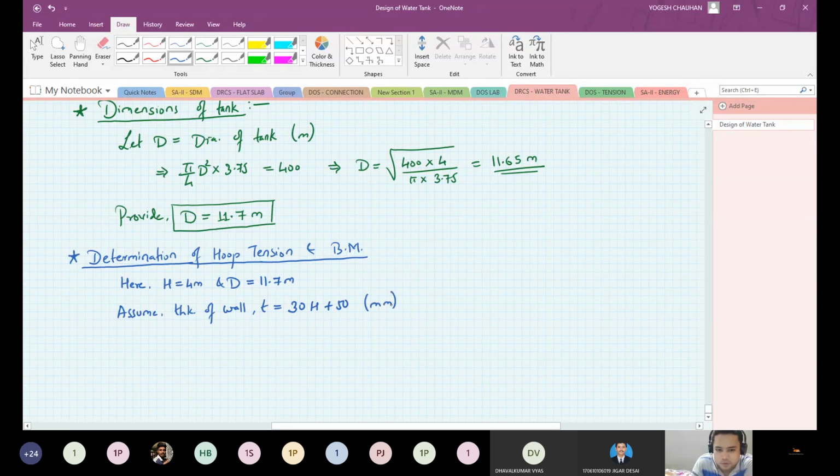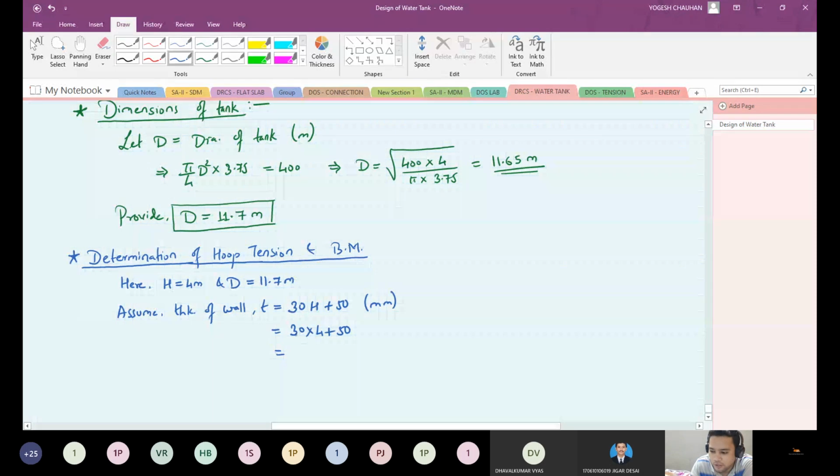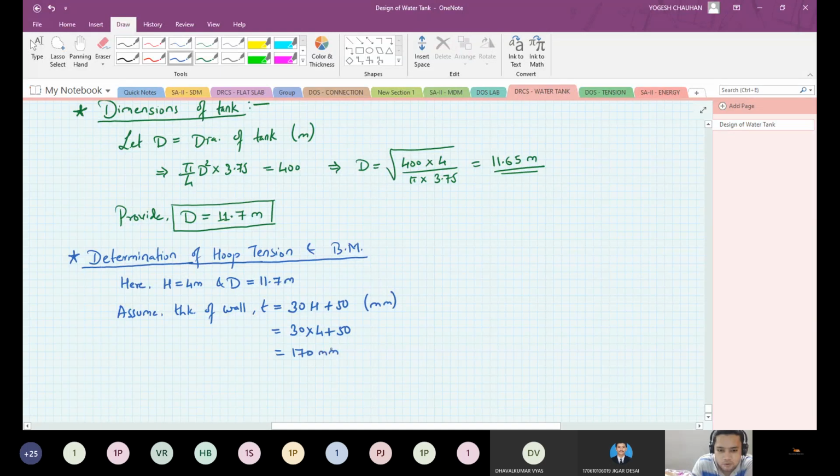Okay, so it is 30 into h, which is 4 meter, plus 50, so this will be 170 mm. So t is equal to 0.17 meter.